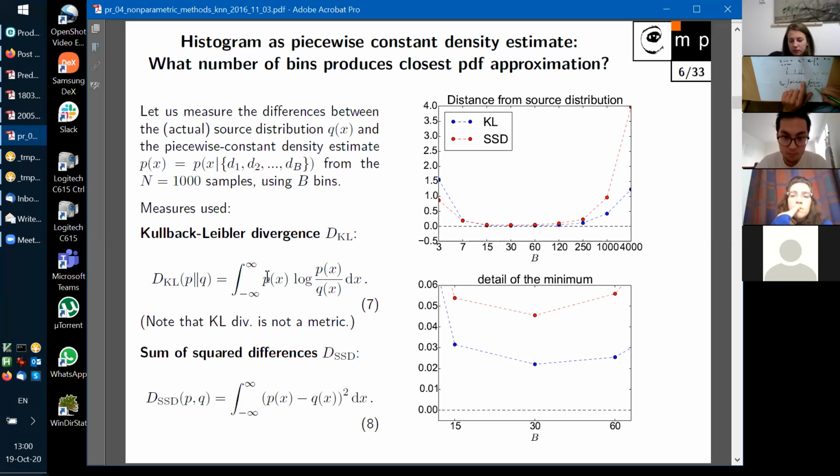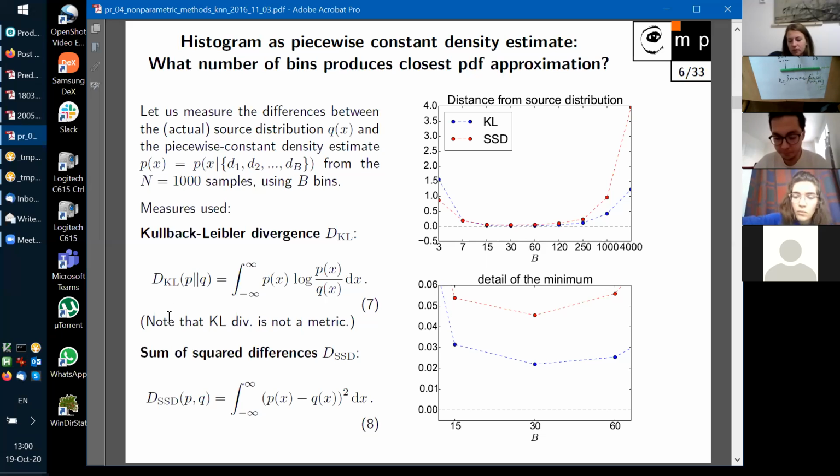And this one would be the coding length for some suboptimal strategy of assigning codes qx. Of course, here we say the integral of qx equals 1, and the same thing for px, because these are distributions. So it has a better statistical interpretation than the sum of square differences.